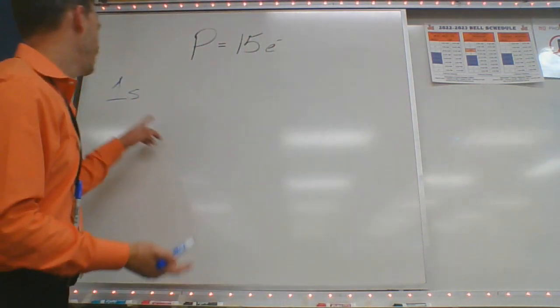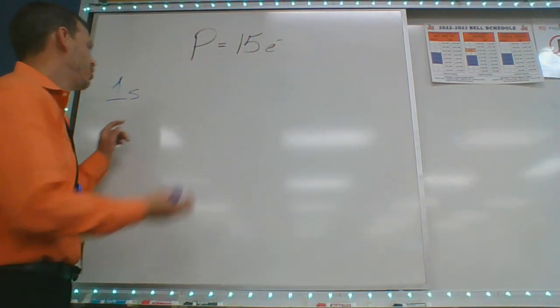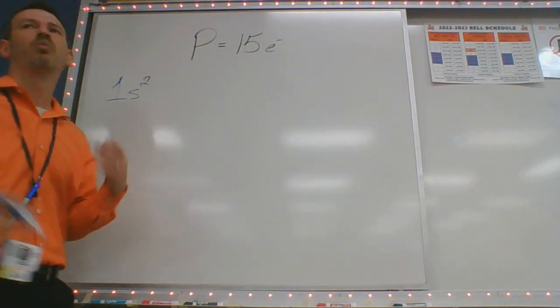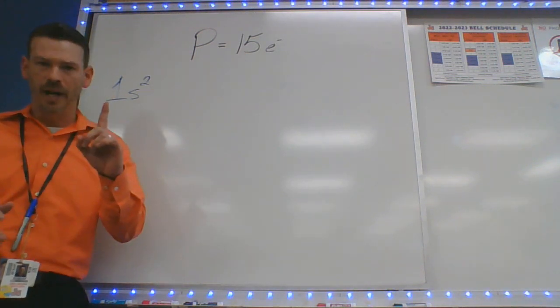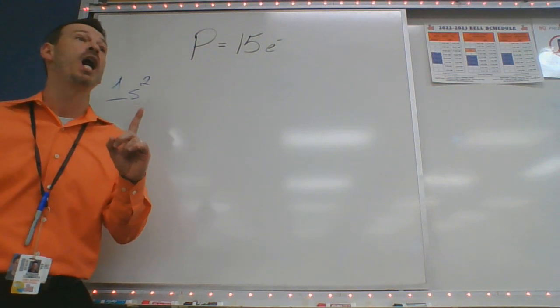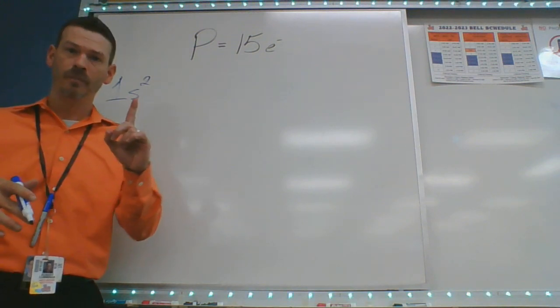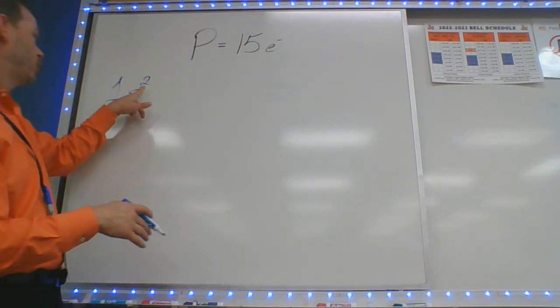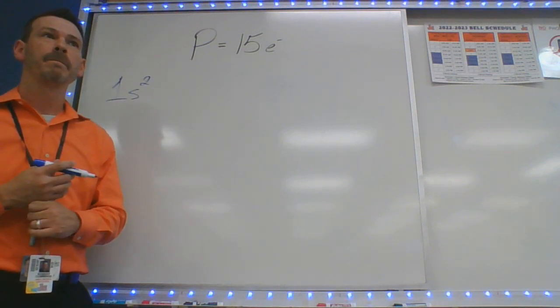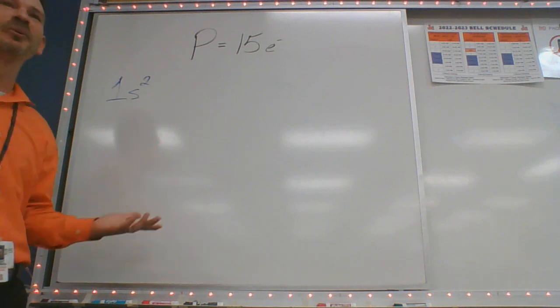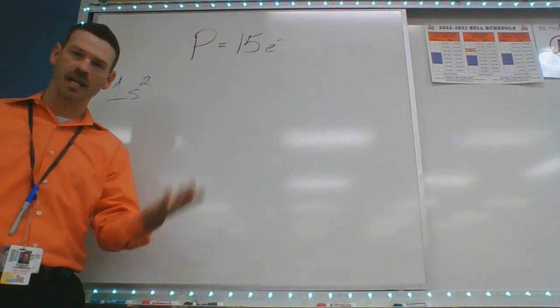How many arrows fit in s? 2, right? Because the real question is usually how many orbitals fit in an s? 1. How many electrons does Pauli say fit in an orbital? 2, so a total of 2. And there it is. There's the whole difference. 1s2 instead of lines and arrows.